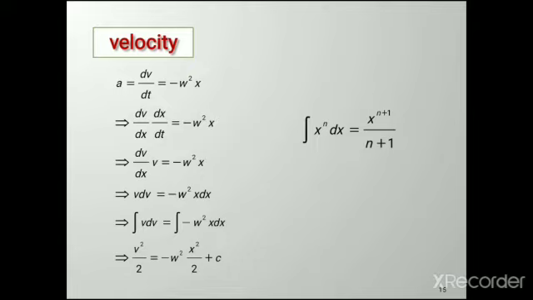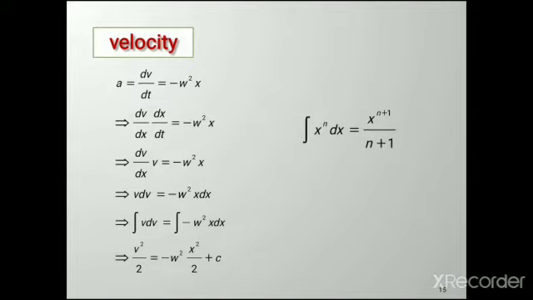Let us multiply and divide by dx. dv by dx into dx by dt is equal to minus omega square x. We know that dx by dt is nothing but v. So let us substitute v as dx by dt. So our equation becomes dv by dx into v is equal to minus omega square x.